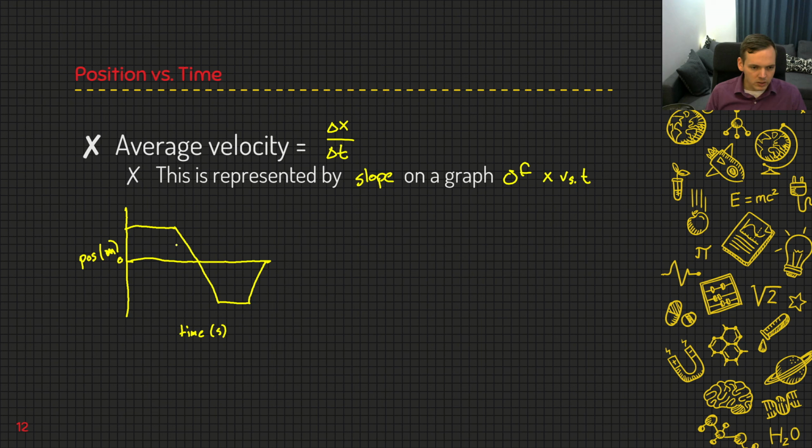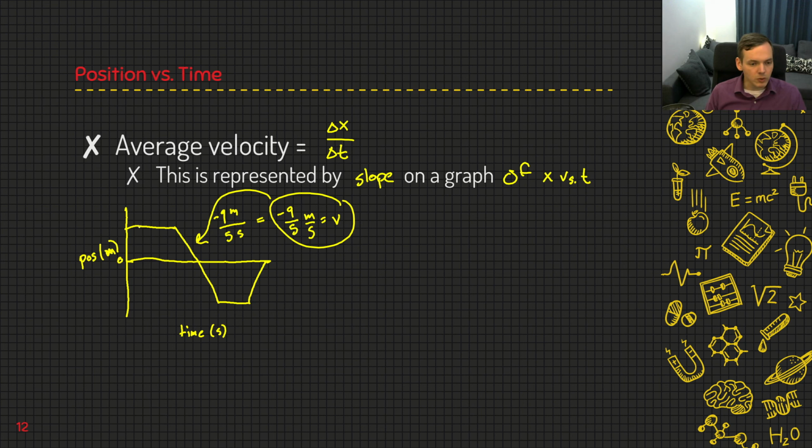So this is 1, 2, 3, 4, 5, 6, 7, 8, 9. So it's negative 9 meters. So let's just say each of these boxes is a meter. And then it's 1, 2, 3, 4, 5 seconds. So negative 9 over 5 seconds, which means that has a velocity of negative 9/5 meters per second for this region here.